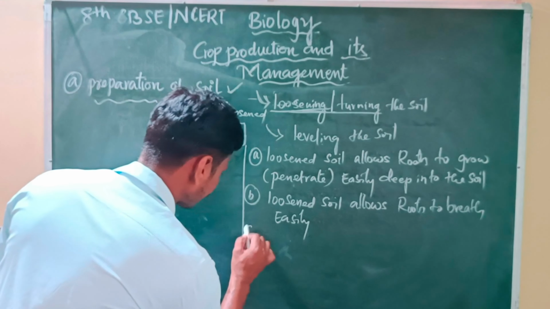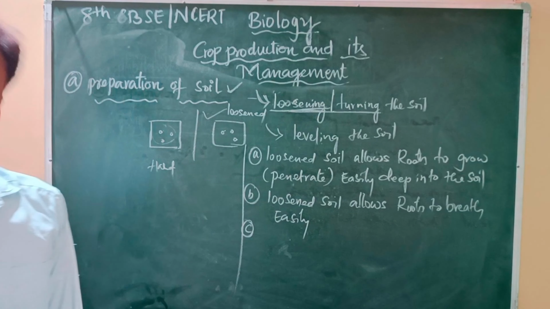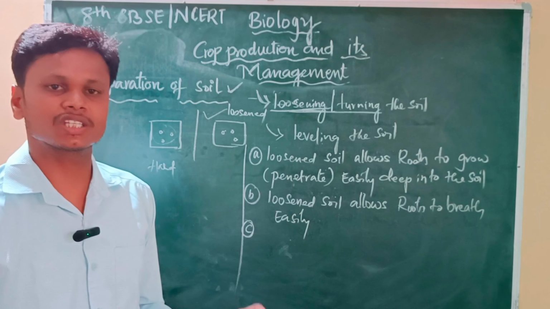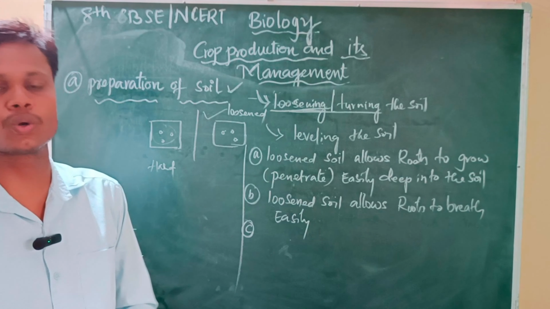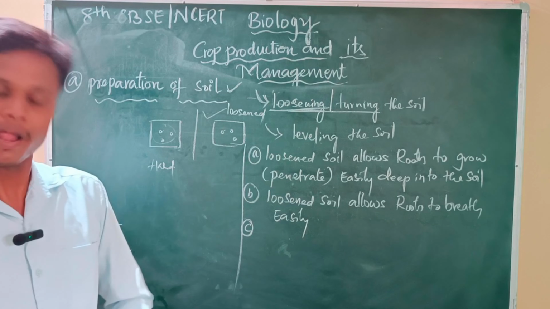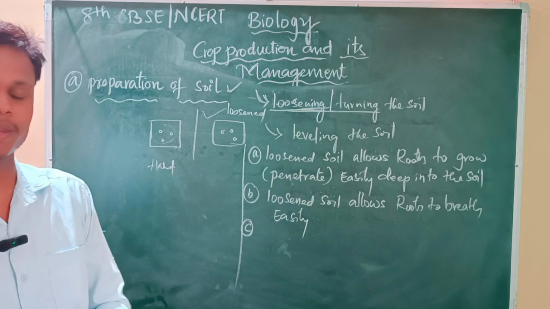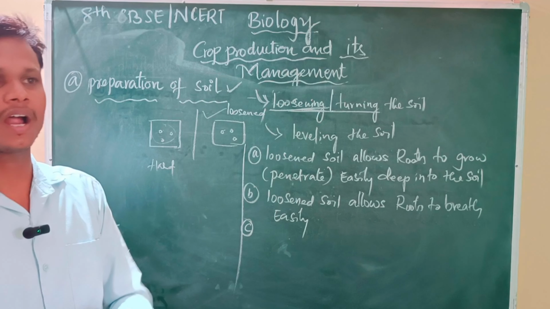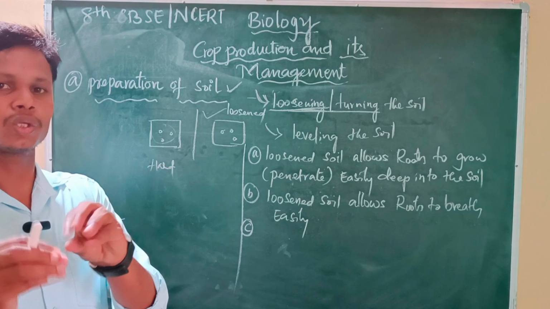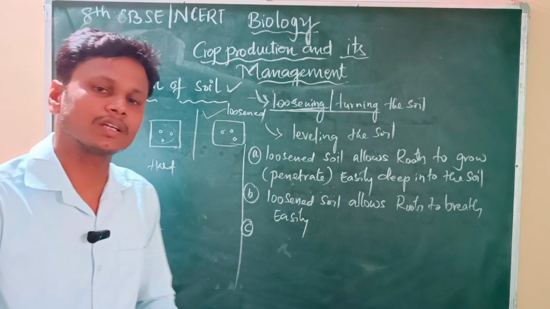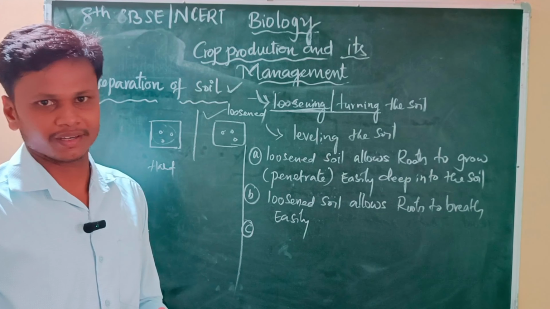Okay, and the next one is, yes, we know that there are some microorganisms in the soil which can help the plants to grow very efficiently. And we know that earthworm is the farmer's friend, where it will make soil porous and it will make soil humus, right? So that is why earthworm can be called the farmer's friend, isn't it?